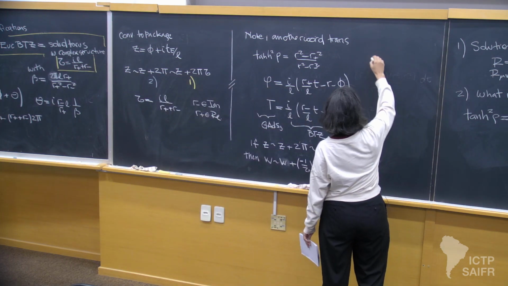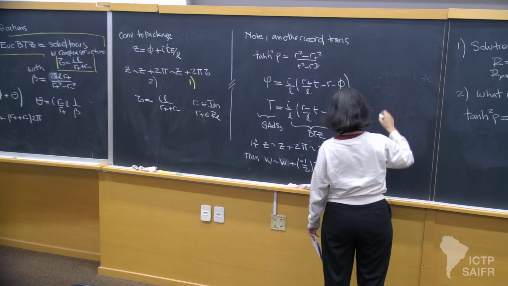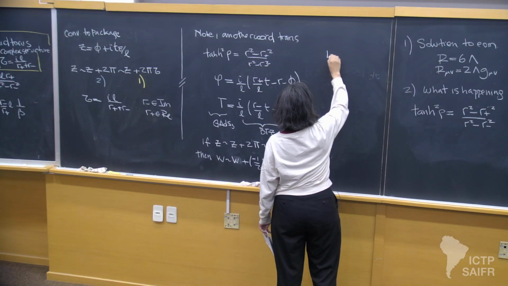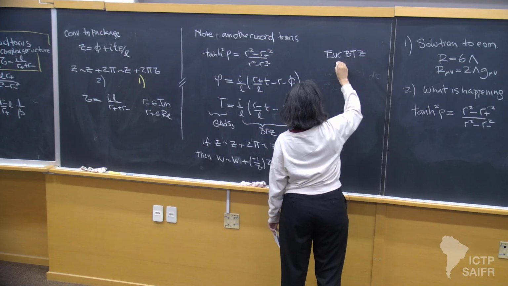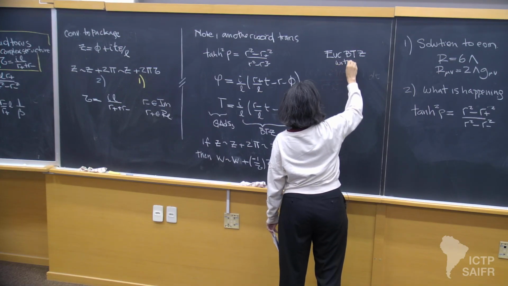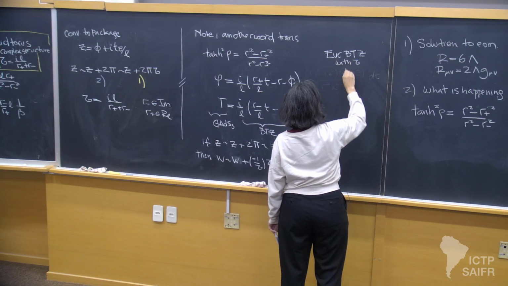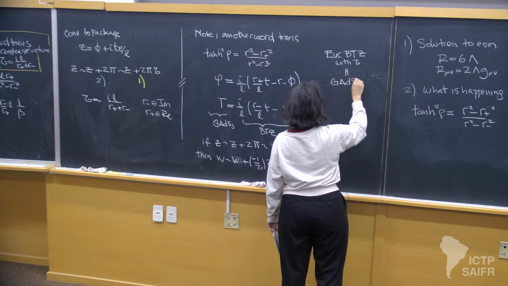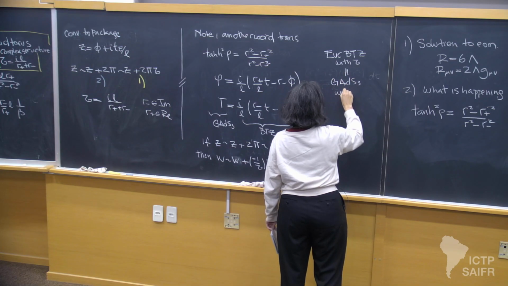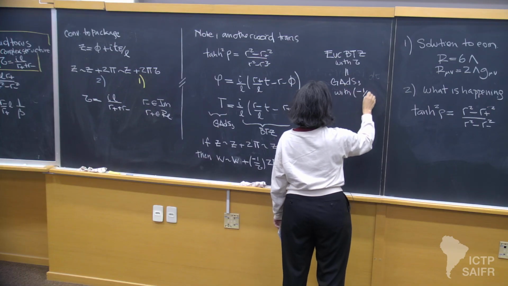So basically, Euclidean BTZ with tau maps to global AdS₃ with -1/tau.